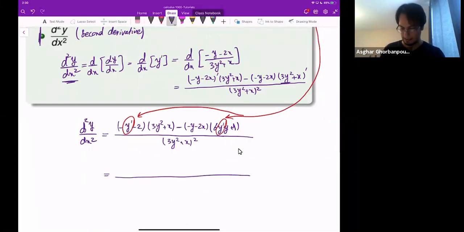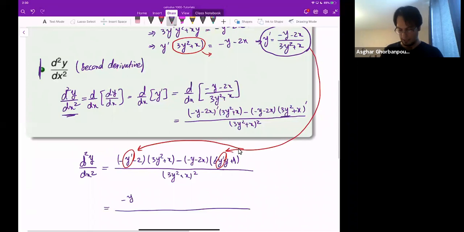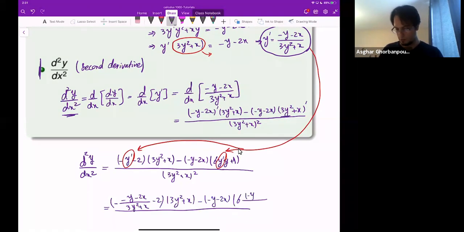So you will get minus y, okay, this is the whole thing, minus y minus 2x over 3y squared plus x, minus 2, times 3y squared plus x, minus y minus 2x, times 6 times minus y minus 2x over 3y squared plus x, times y plus 1, all over 3y squared plus x.